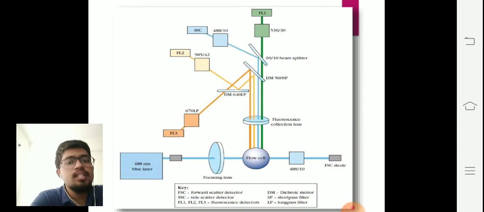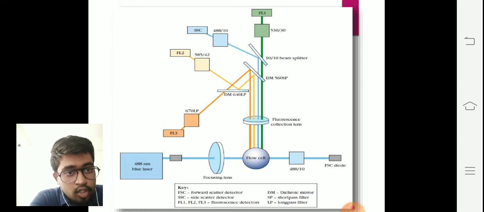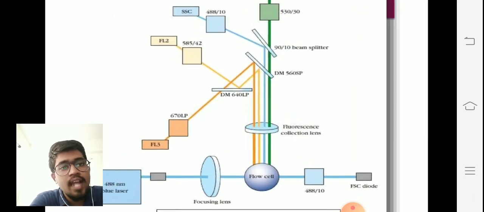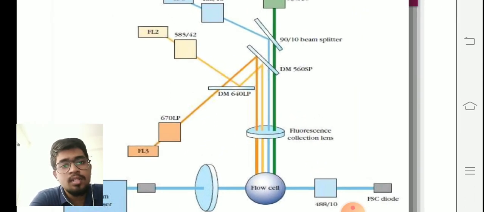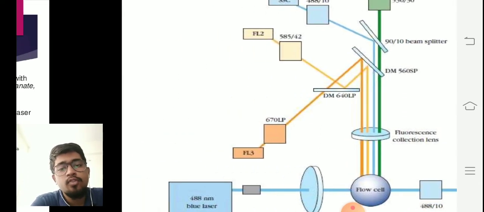Now you could see this is a diagram. You could see there are forward scatter detectors and side scatter detectors present along with the fluorescent detectors. In between there are dichroic mirrors, short pass filters, and long pass filters. In this process you could see how side scattering is occurring, how the fluorescence collection lens is situated in the center, how the flow cell is situated, FSC diodes in the corners, and you could see the 488 nanometer blue laser at the left corner.